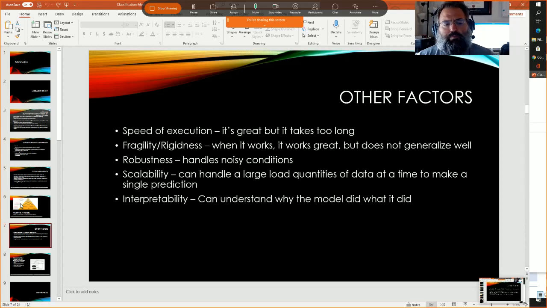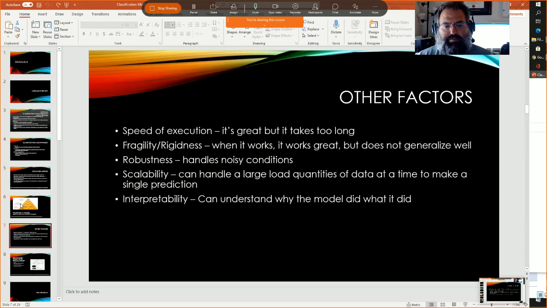It needs to be relatively flexible in nature, so it can't be terribly fragile and terribly rigid. It needs to be able to generalize well to things it's not seen before. It needs to be robust, handling things that are noisy in nature, scalable, as we mentioned previously, and interpretable, so that I can understand what it's doing. So those are all elements that go into consideration whenever you're evaluating a model.